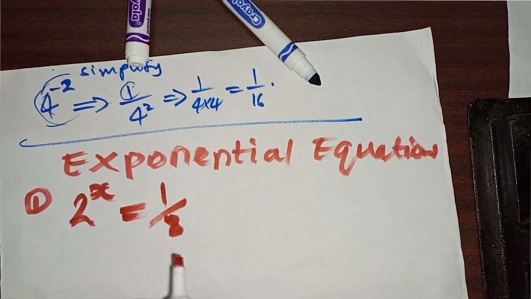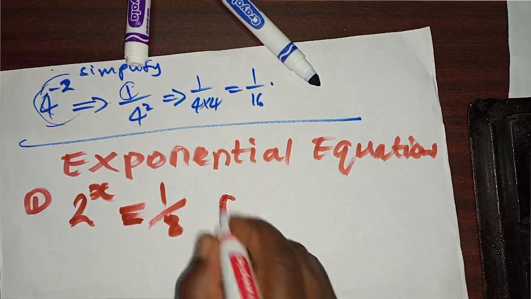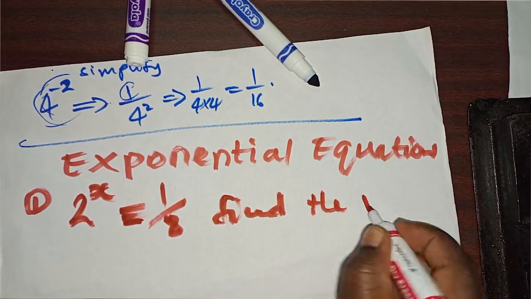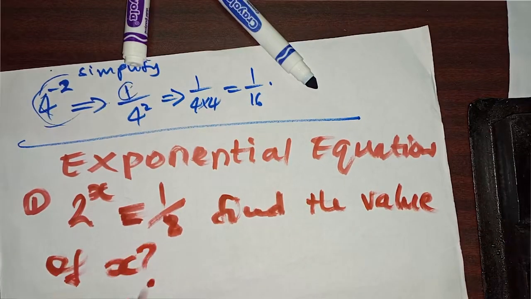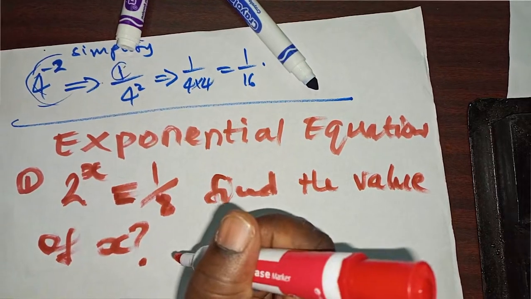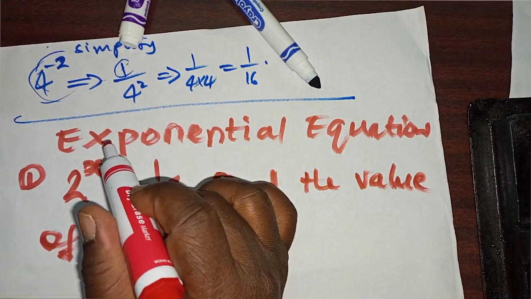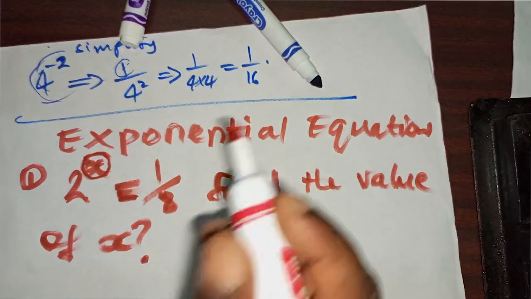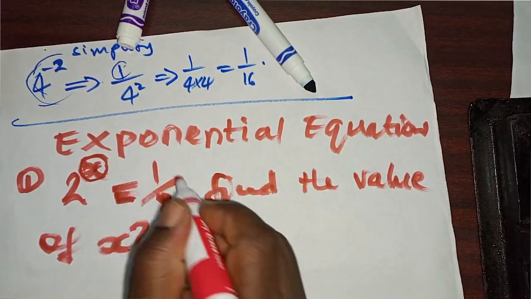So we have to find the value of x. The unknown here is the exponent x. So we want to find what number we can put here so that it is equivalent to 1/8.